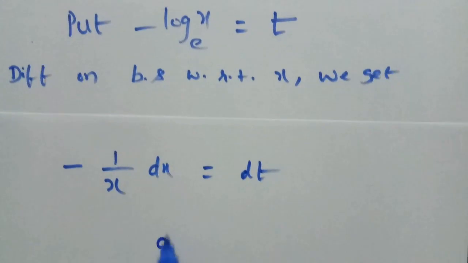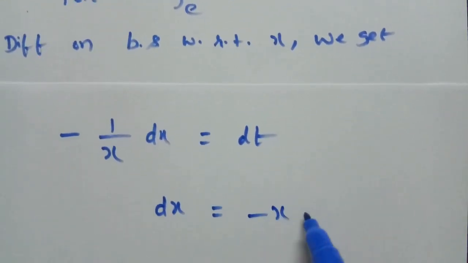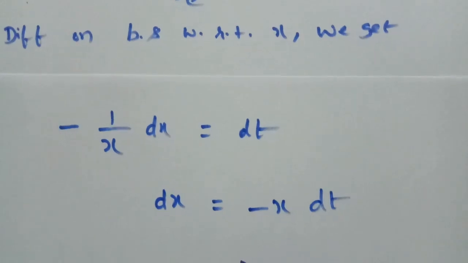Therefore, dx is equal to minus x into dt.